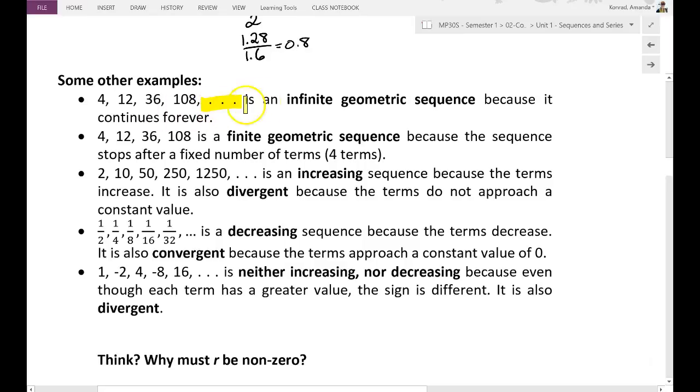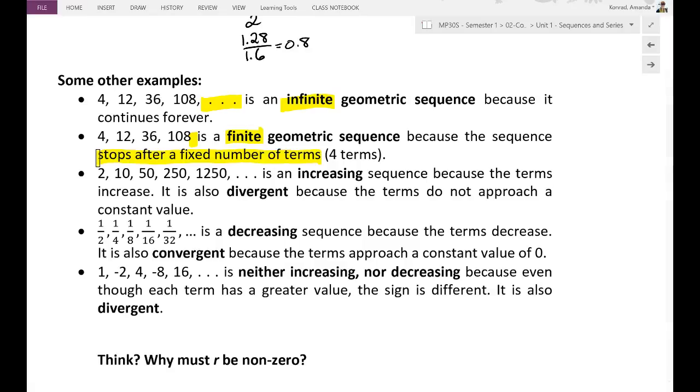So if we have a dot, dot, dot, it means it is going to be infinite. If it ends with no dot, dot, dot, then we call it finite. It stops after a fixed number of terms. So I'm just going to highlight that because that might be a word that we don't usually hear.